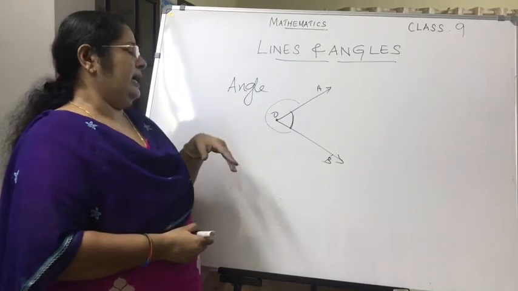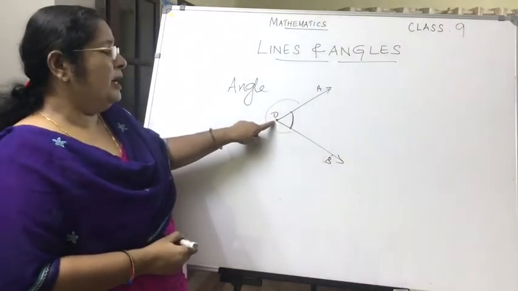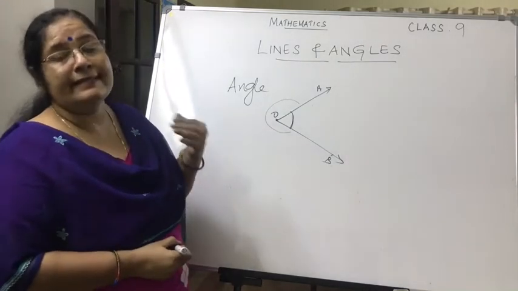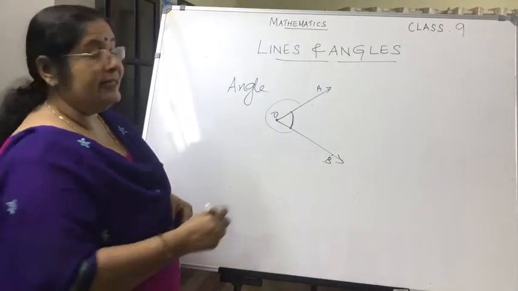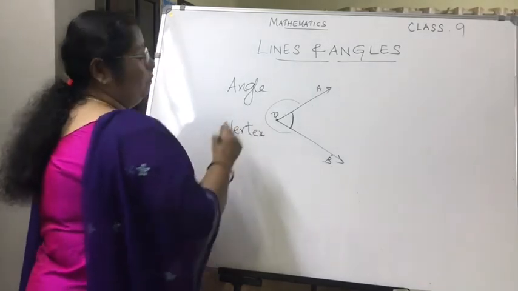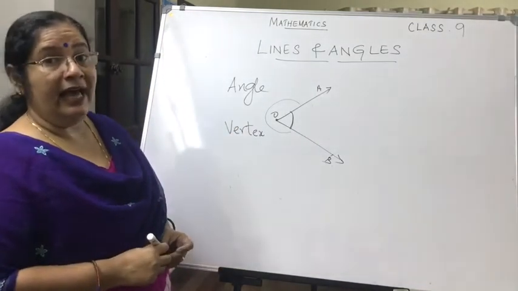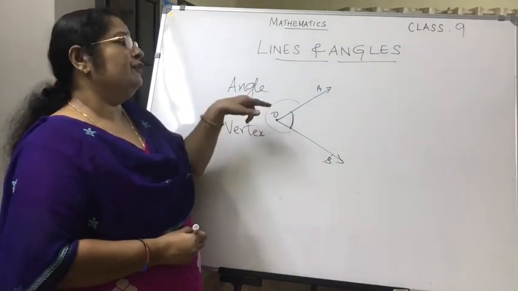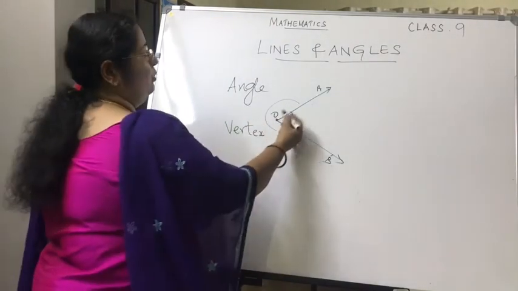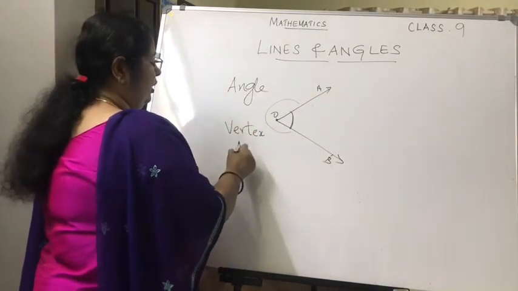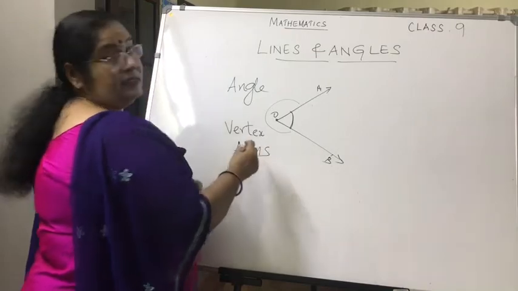Now based on angle, the common point from where both the rays start, we call it the vertex. What do you call it? The vertex. And the two line segments or the two rays which form the angle, that is OA and OB, we call them the arms.